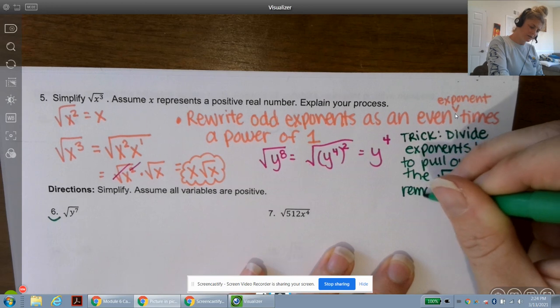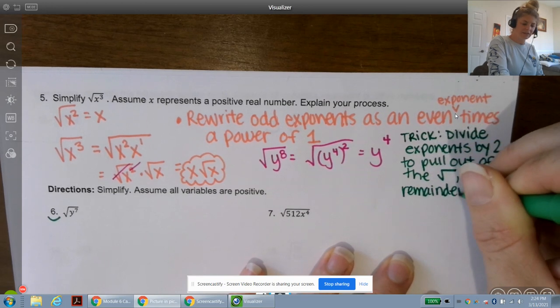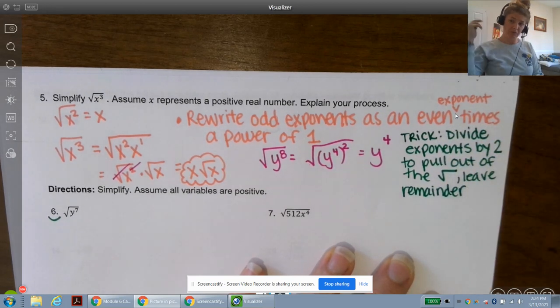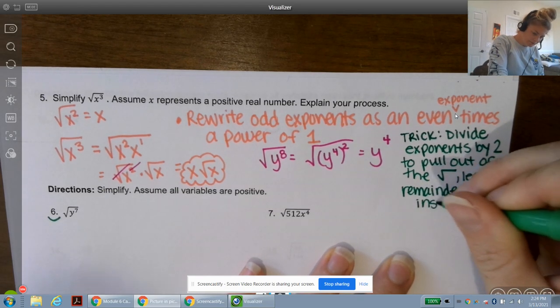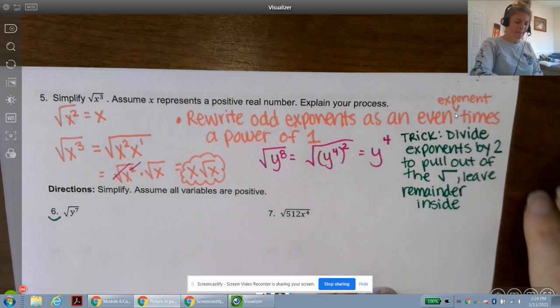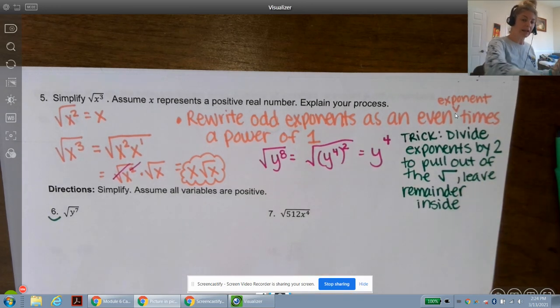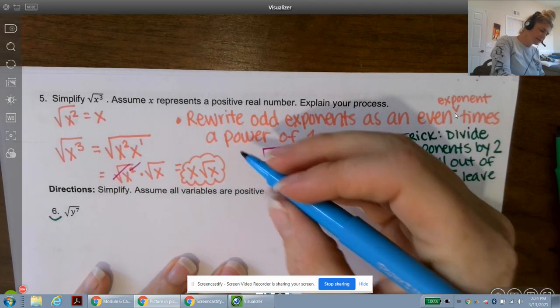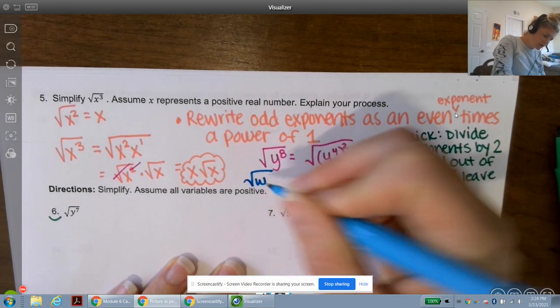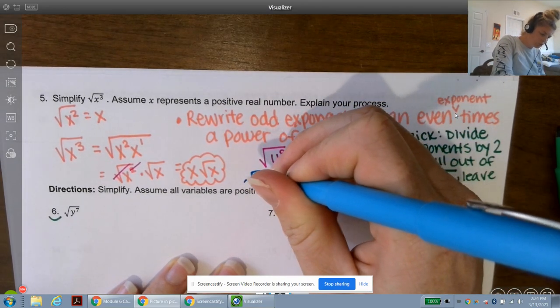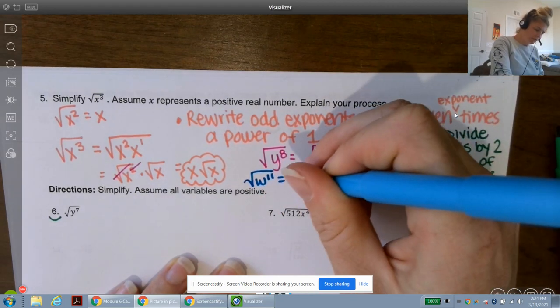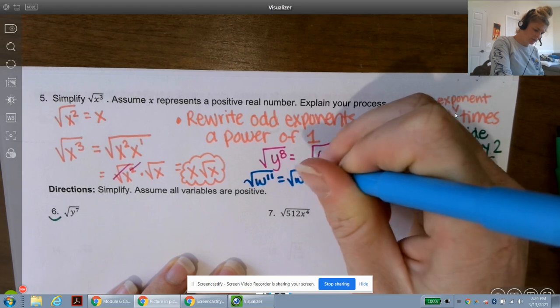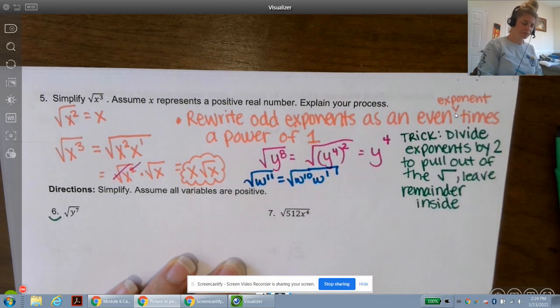I guess there's only going to be one remainder, right? Because from an odd to an even, the difference is 1. Leave the remainder inside. So using our slick trick, we can simplify something like the square root of w to the 11th power, because w to the 11th is w to the 10th times w to the 1st, all underneath that square root.